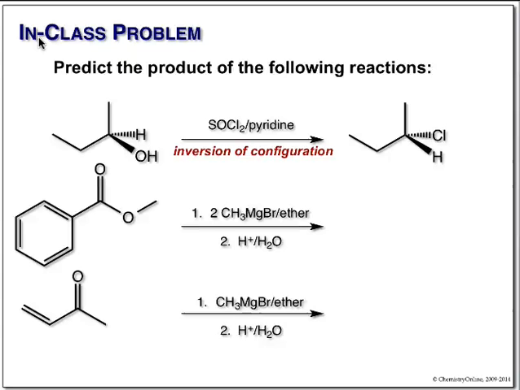Once again, we have an ester, and we have 2 moles of methyl magnesium bromide. The methoxy group here is going to be gone forever. We're going to add 2 methyl groups to our carbonyl carbon. When we do that, we're going to wind up with a tertiary alcohol that looks like this.